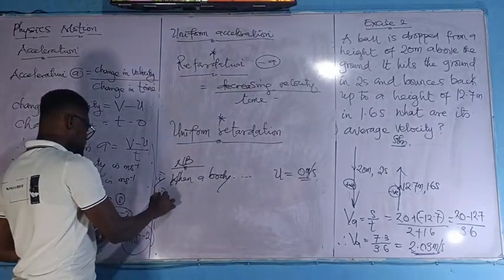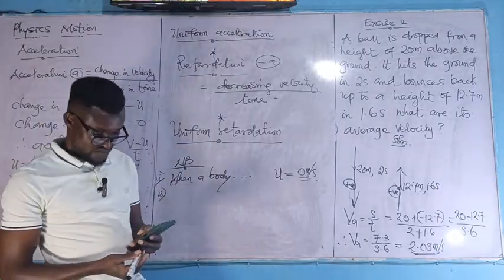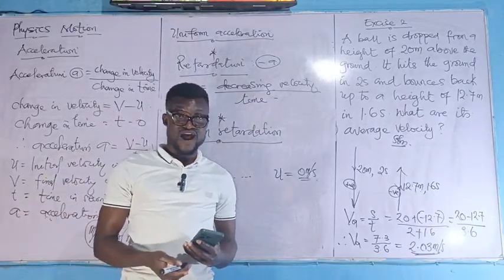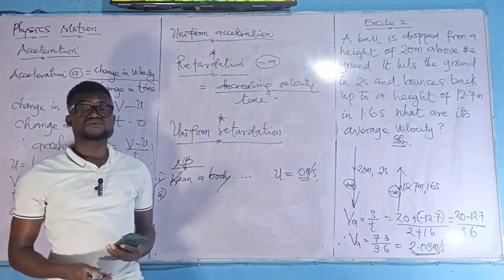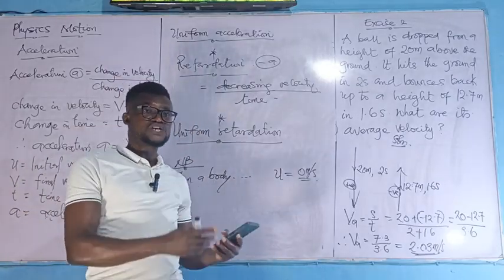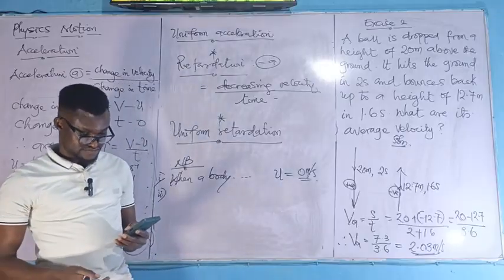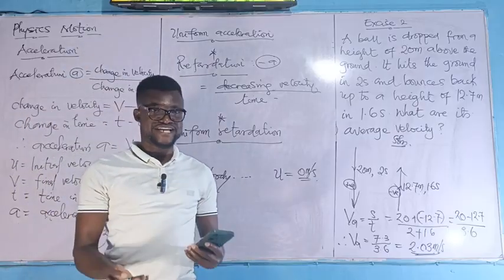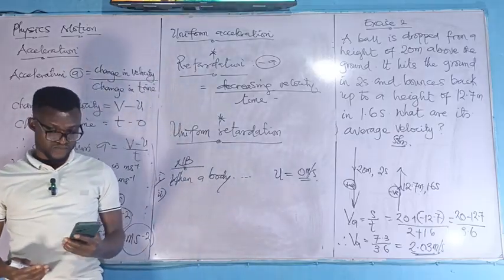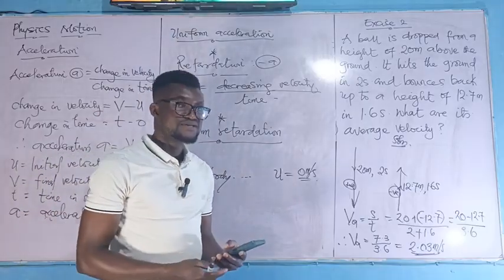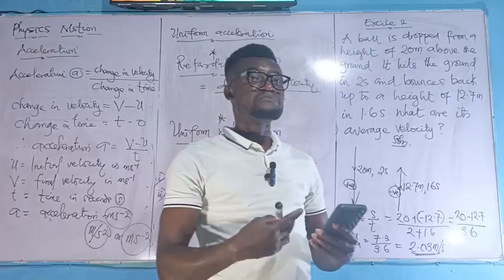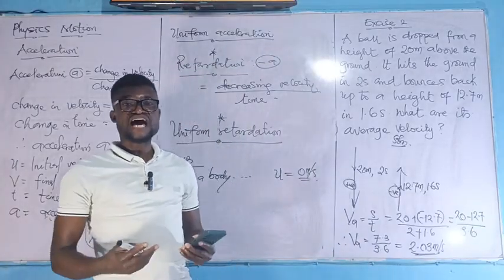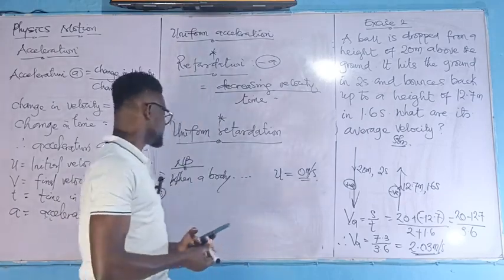Then number two, when a body is brought to rest by the application of brakes, its final velocity is 0.